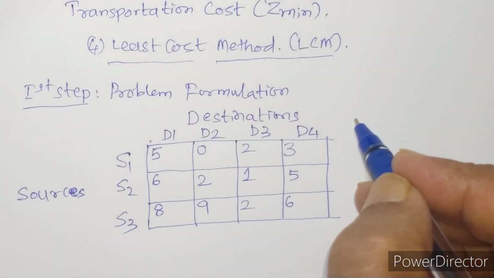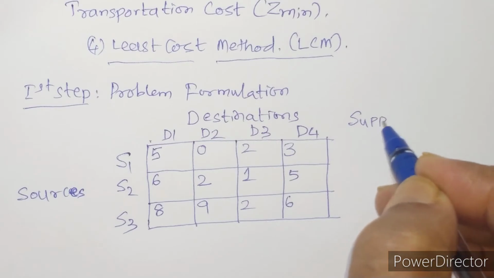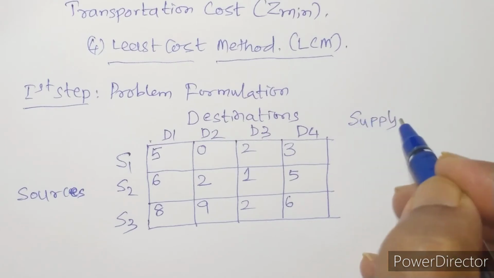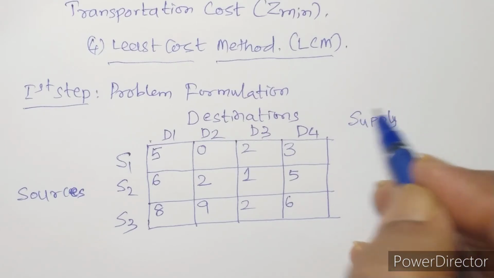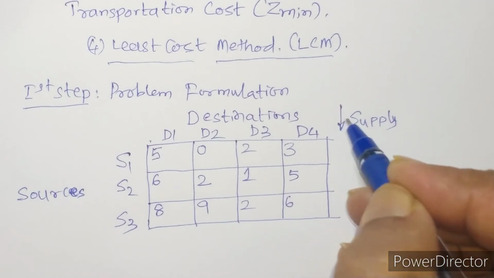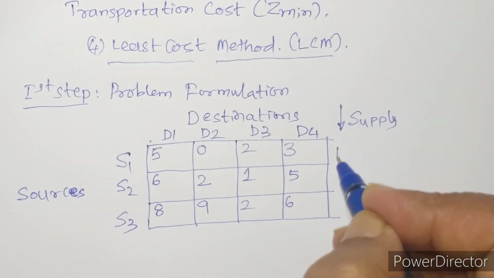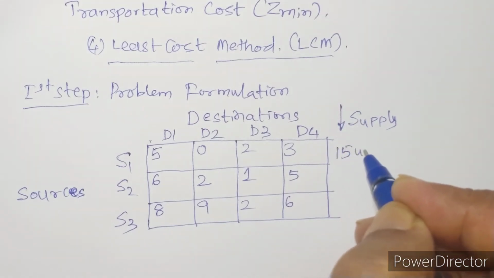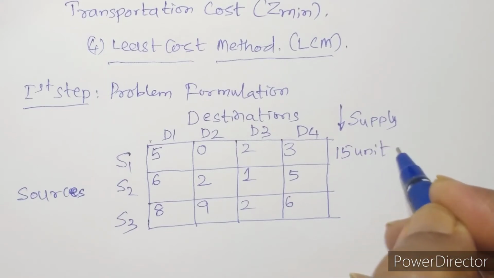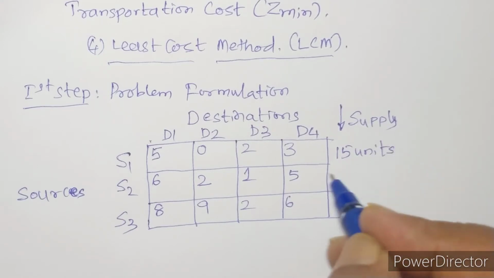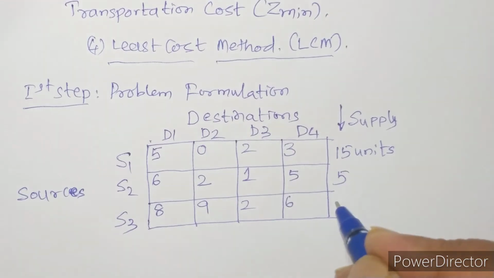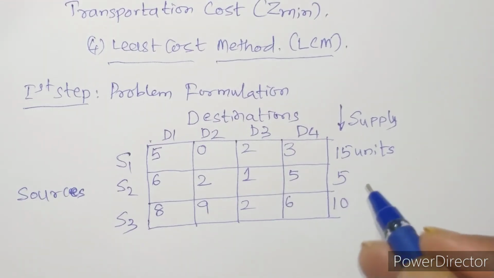To the right side of the matrix, we have to write the supply from each source. Here, the first source has got 15 units of supply, the second source has got 5, and the third source has got 10.